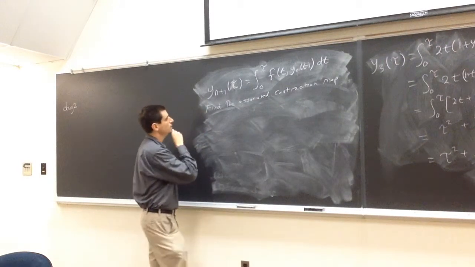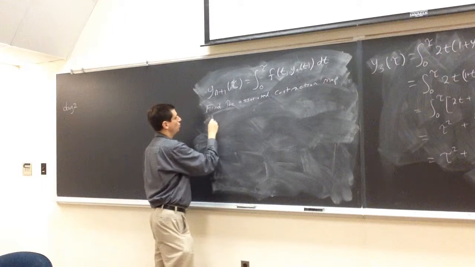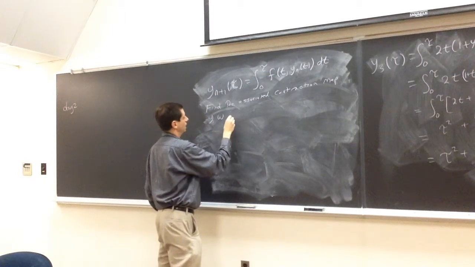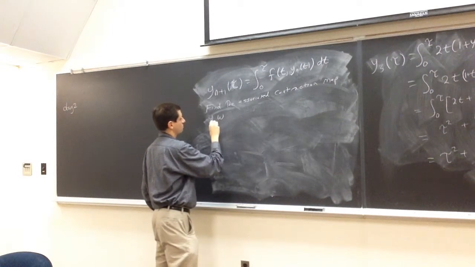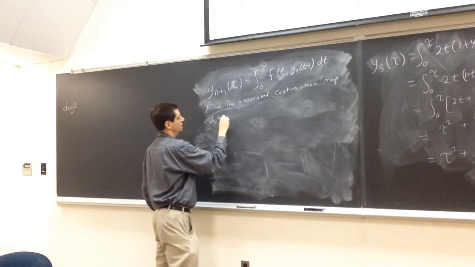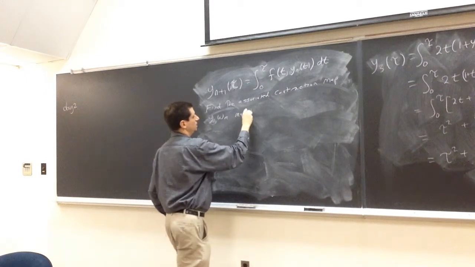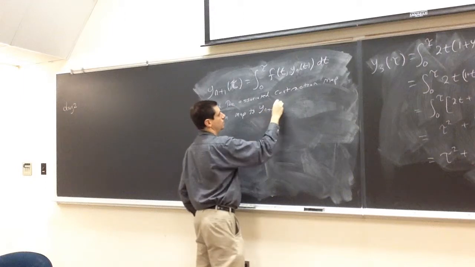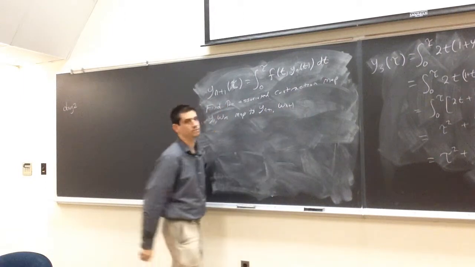So one thing we could do is have two functions, y and w, and I'll say y_n, w_n map to y_{n+1}, w_{n+1}.